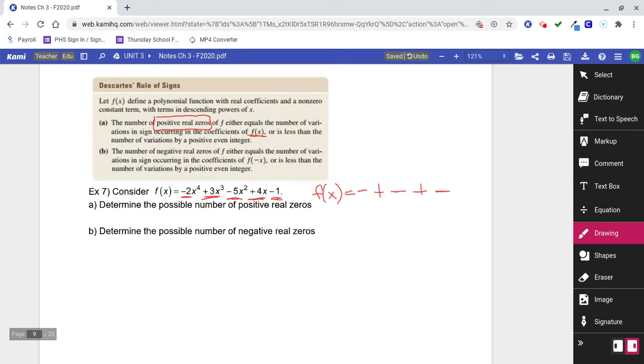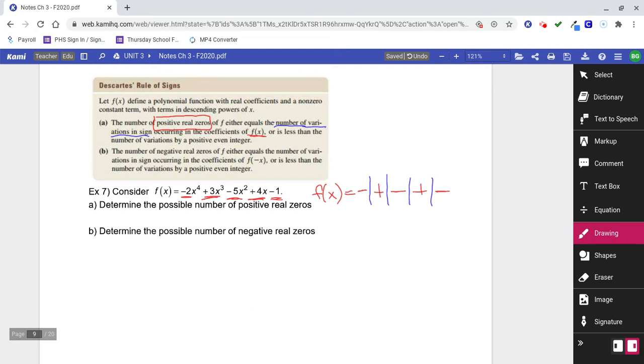They're talking about the variations in sign. When they're talking about the variations in sign, they're talking about when does it change, okay? The number of variations in sign. So see how it changes from negative to positive? Change, change, change. It's changing from negative to positive and then changing from positive to negative.